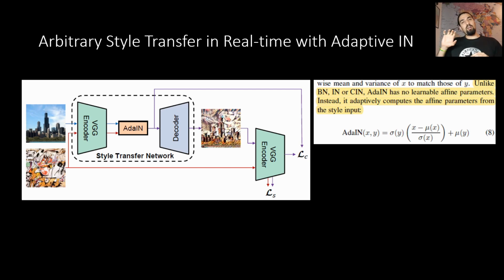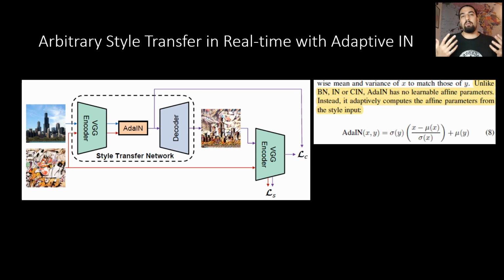So you take the content image, you pass it through the feedforward net, and you take a specific feature map. You just normalize it by finding its mean and variance. And then you do the same thing for the style image. You find the same feature map, you find the mean and the variance, and you just take those mean and variance parameters and apply them to the content feature map. You pass it through the decoder and you get the stylized image out.